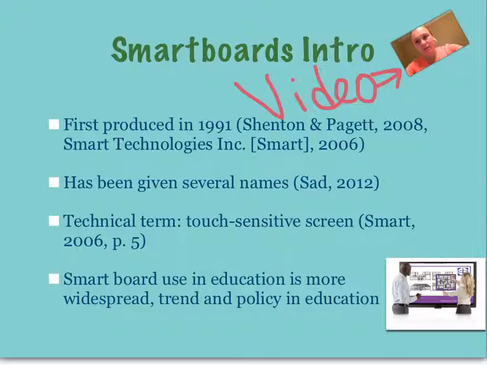They are becoming more and more widespread, not only in education but also in the business setting, and they have become a major trend in education, as well as a major education policy.